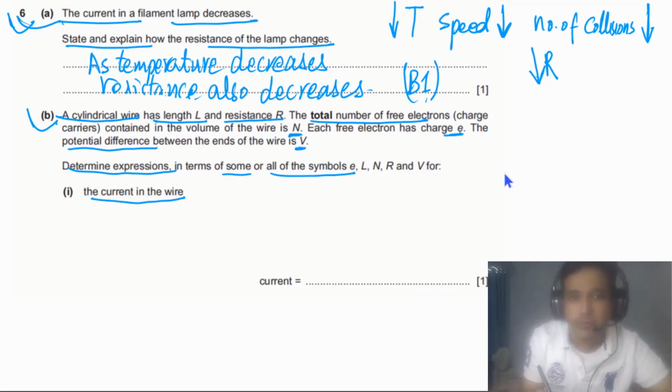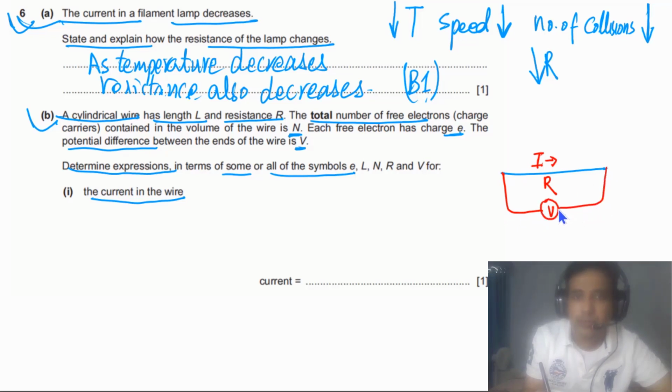So for this question, it is given to us, we have a wire. So you can just imagine this is one wire, and current is passing through this wire, and we have to determine the current. The resistance of this wire is given to us, that is equal to capital R. And if we connect a voltmeter across the ends of this wire, the value of PD is also given to us.